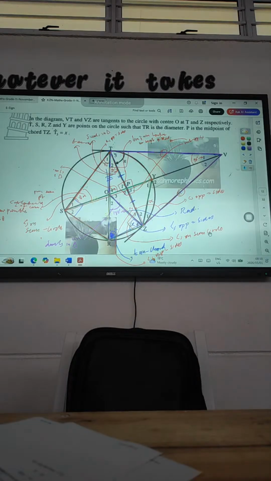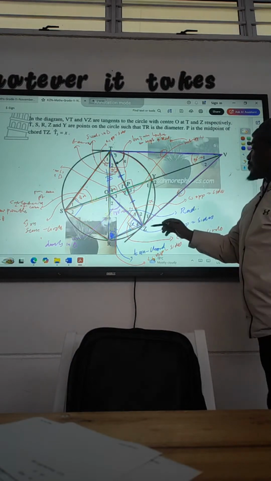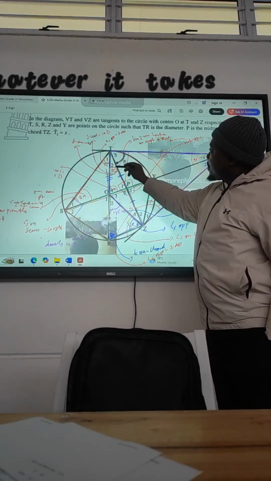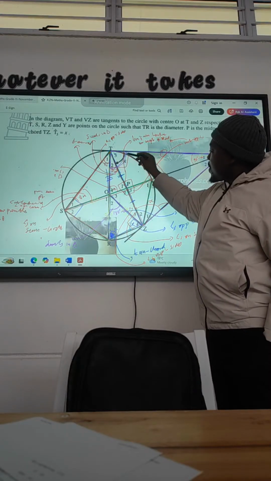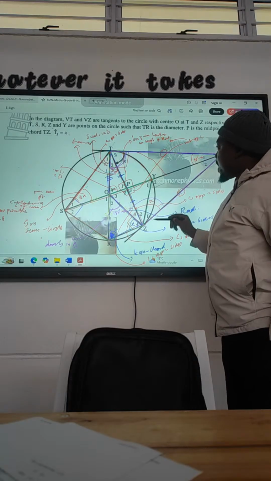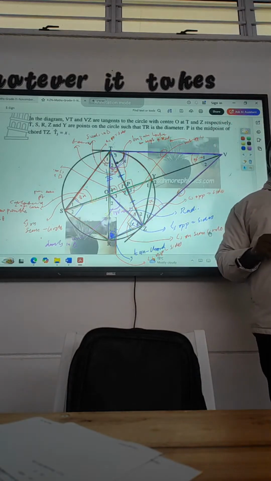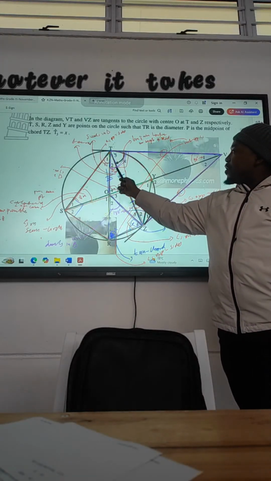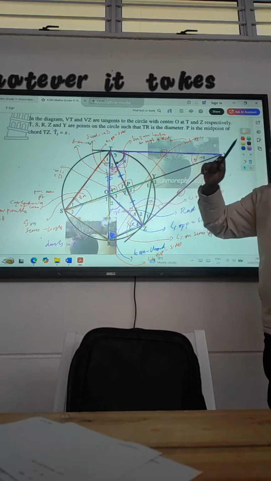In your TOZV, let us try to prove that angle T, this angle plus this angle are giving us 180. So you have x, you have 90 minus x, that side.